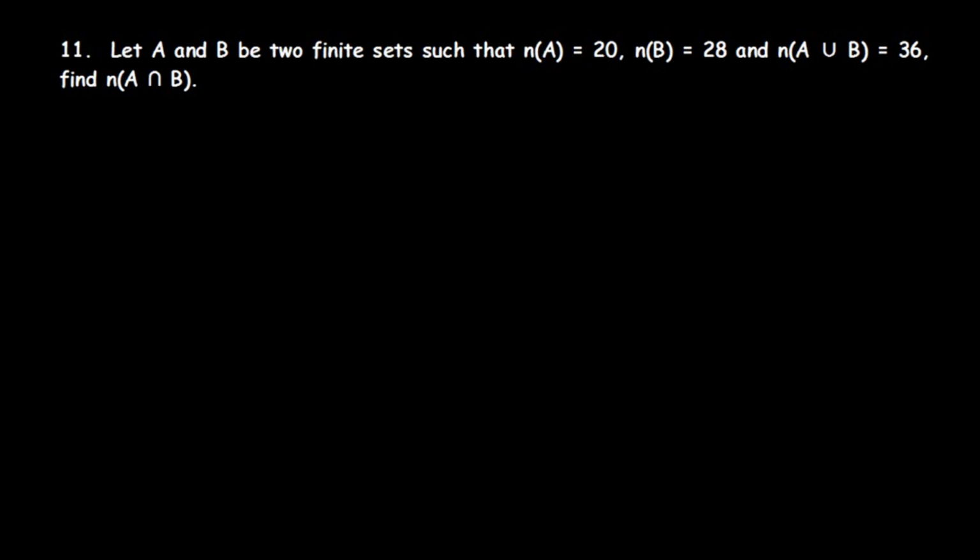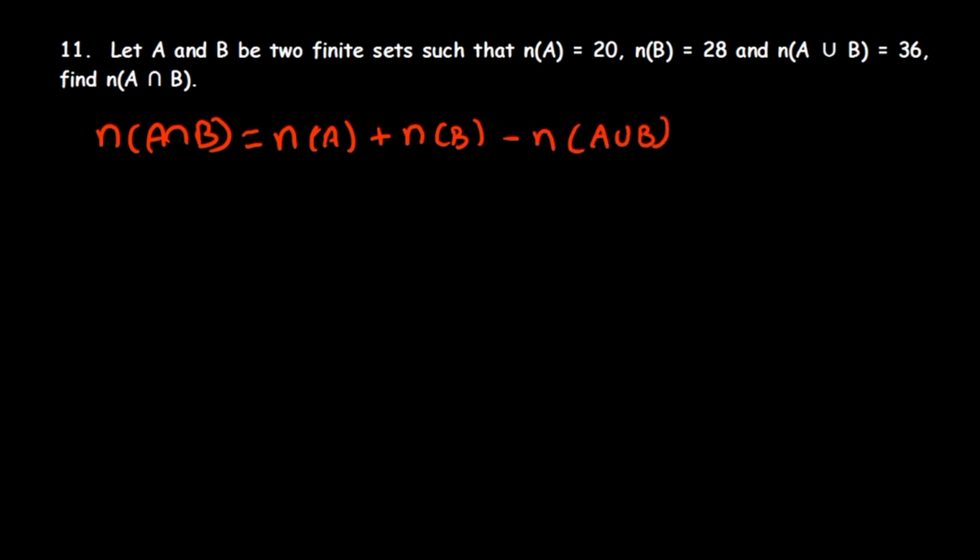Next very important question. Let A and B be two finite sets such that n of A equal to 20, n of B is equal to 28, n of A union B equal to 36. Then find n of A intersection B. The formula to find n of A intersection B is, we write here, n of A intersection B equal n of A plus n of B minus n of A union B. Okay, so what is n of A here?